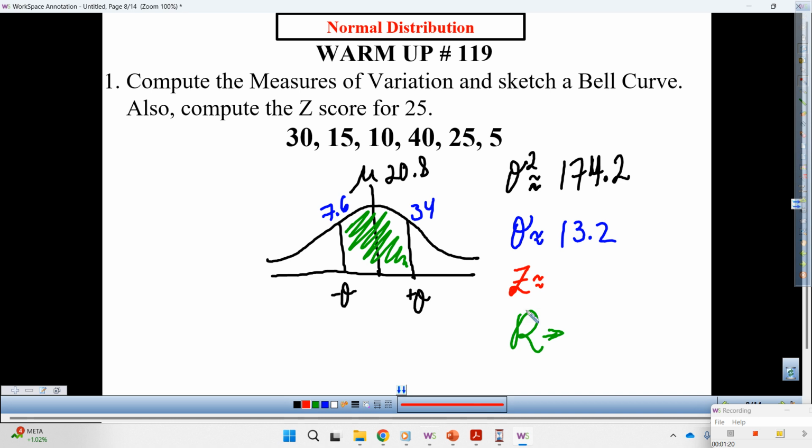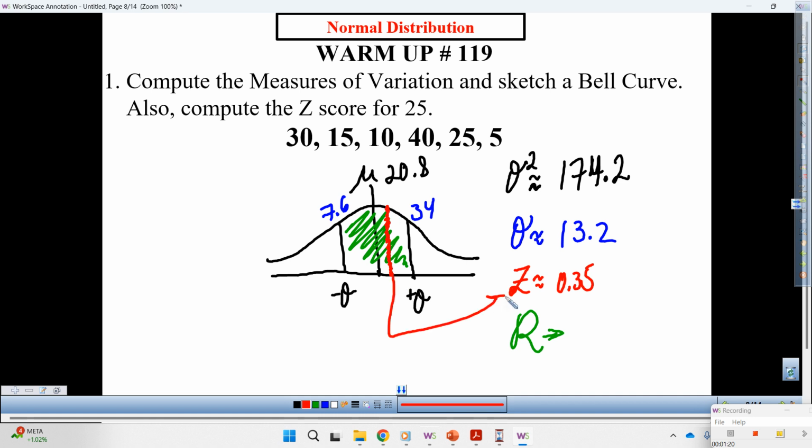See, 4.2 divided by 13.2, that's 0.3. Maximus, what'd you get? 0.35, close enough, 0.35. So 0 is here, 0.35 is about 1/3 up, right here.